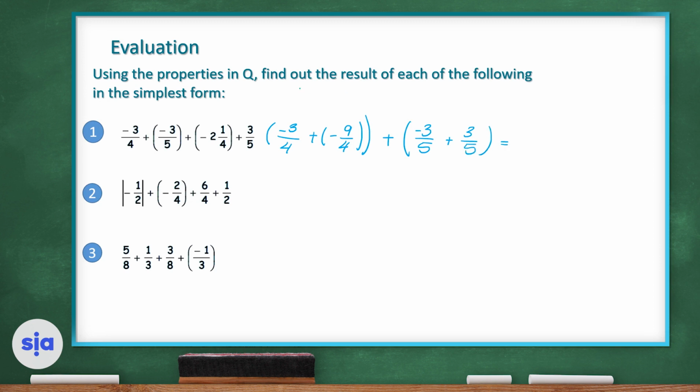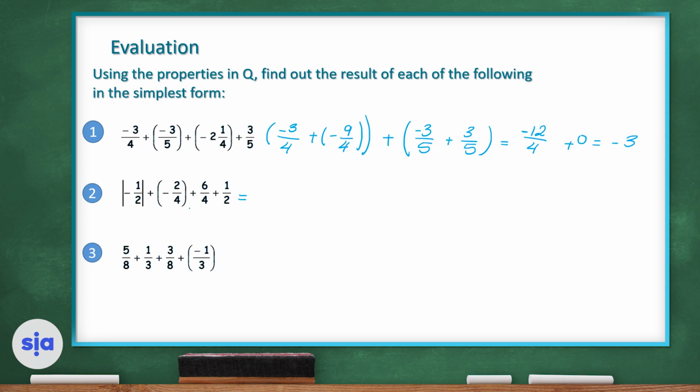So here, in the first one, it's negative 12 over 4 plus 0, because negative 3 over 5 plus 3 over 5 is 0. So this one is negative 3. We used the associative property, we used the additive inverse property.